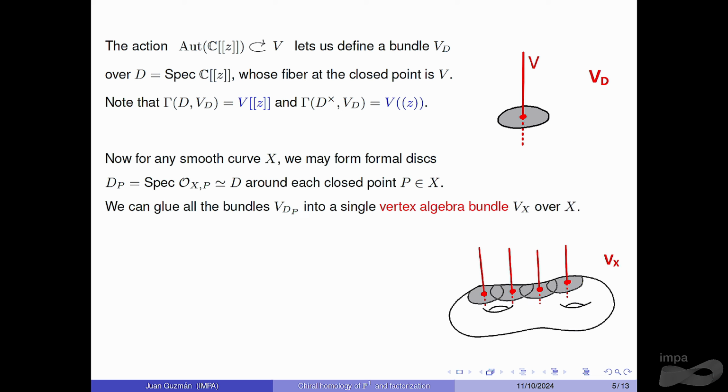And the thing that we can do now is, for any smooth curve, we can glue together all of these bundles that we get on each one of the smooth points, and you get a vertex algebra bundle over the whole curve, right? There's also a more formal way to do it if you want, as an associated bundle. But I think of this picture in my head.